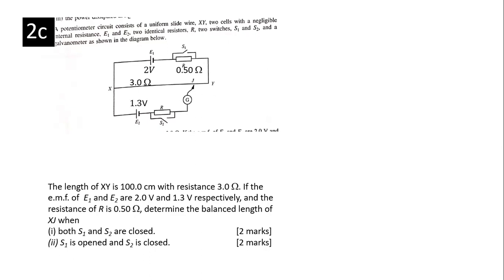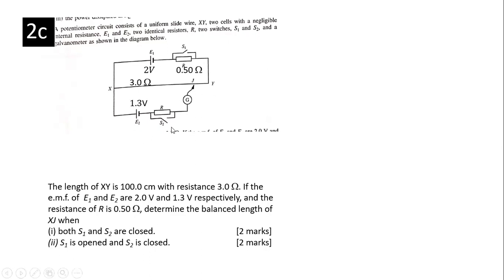I over V equals I over V. We just do the comparison thing, sir. I over V? Where do you get the I and V? No, they say both S1 and S2 open.